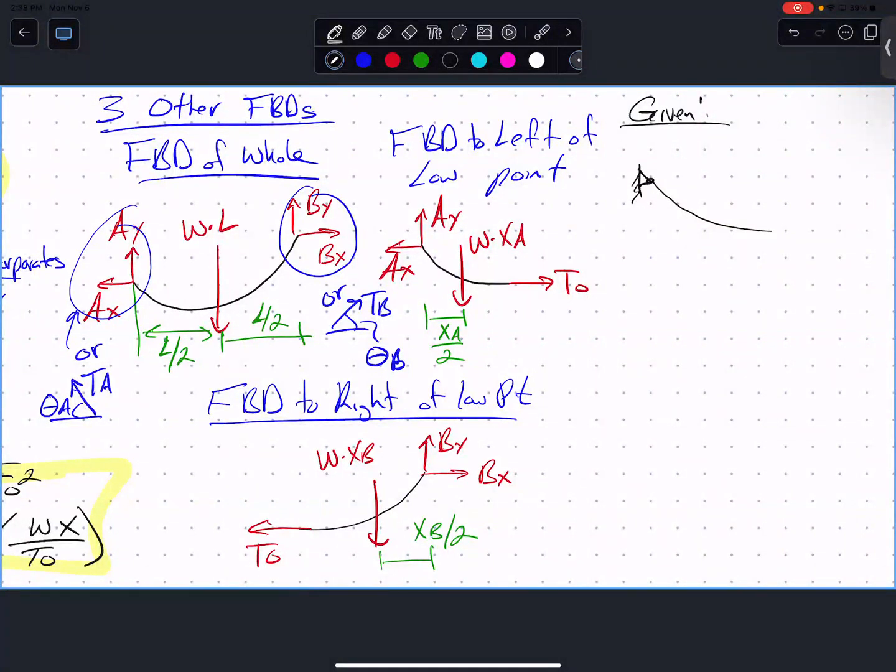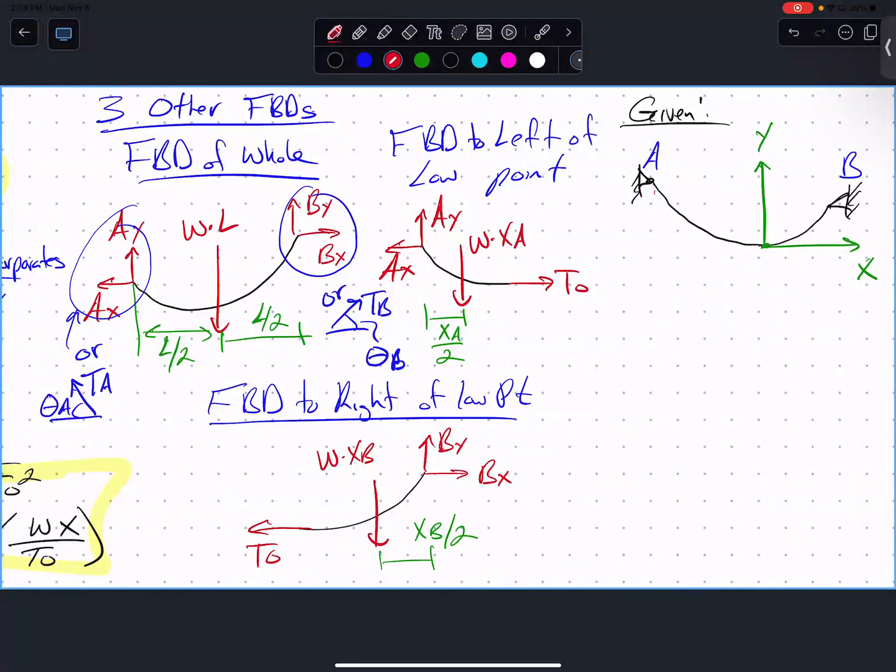Oh, it needs to go lower than that, let's have it come lower, steeper and lower. And then it's going to come back up to a point over here. Let's draw our origin of our coordinate system here. X and Y. We'll call this point A. This will be point B.